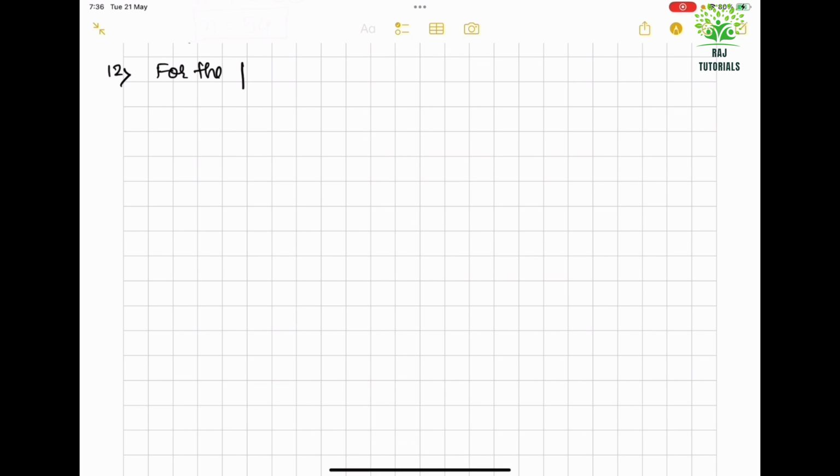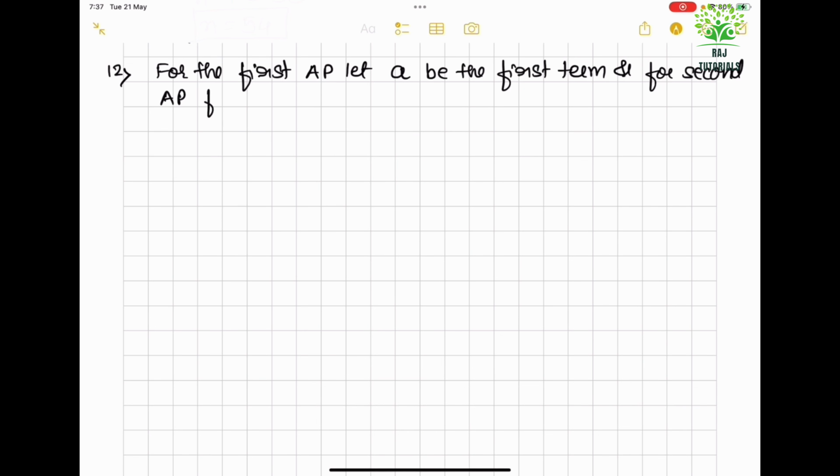For the first AP, let A be the first term, and for the second AP, let the first term be A dash.